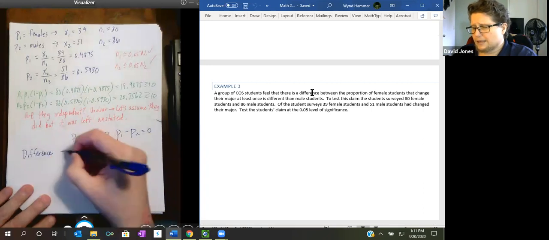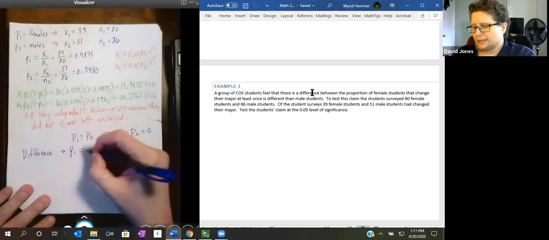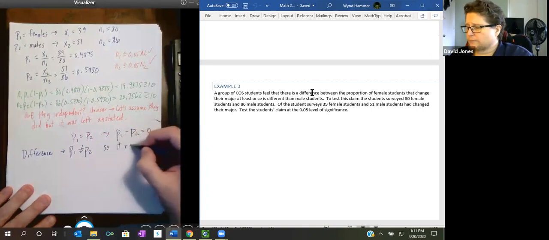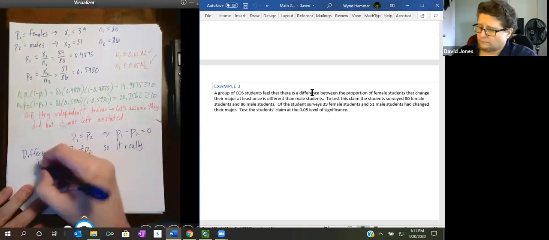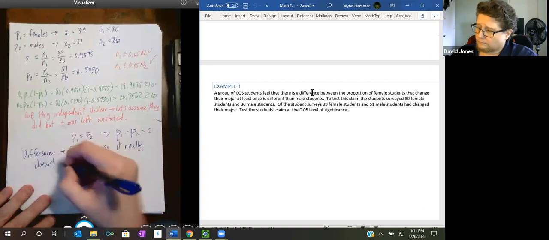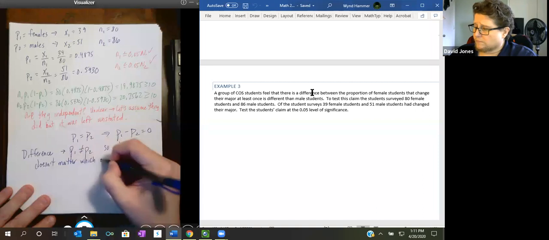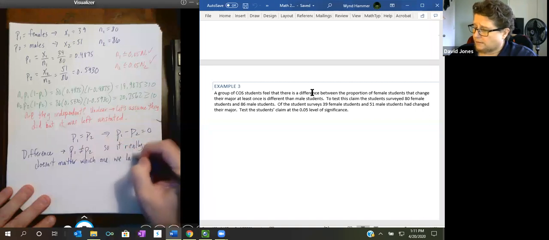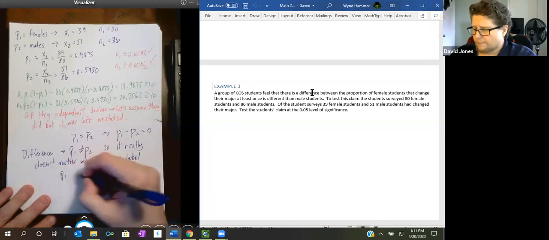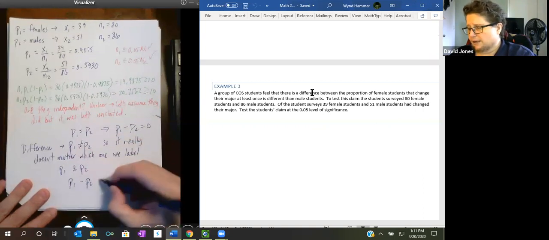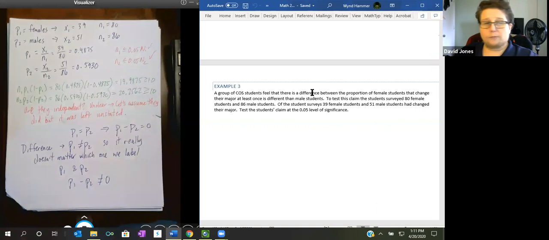Difference implies P1 does not equal P2. So it really doesn't matter which one we label, because P1 minus P2, doesn't matter which group I call it, we're both going to end up with that symbol.